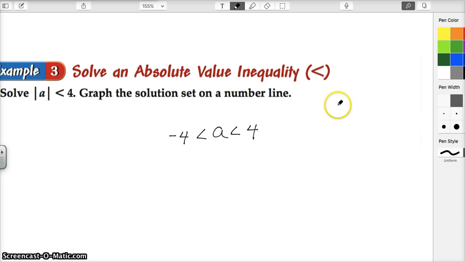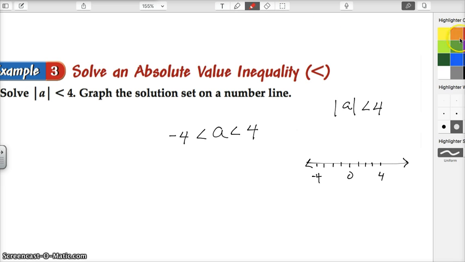And the reason why is, let's just think about this. If the absolute value of A is less than 4, remember absolute value is the distance from 0, that means the answer must lie somewhere between -4 and +4, right? If you think about it, it totally makes sense.